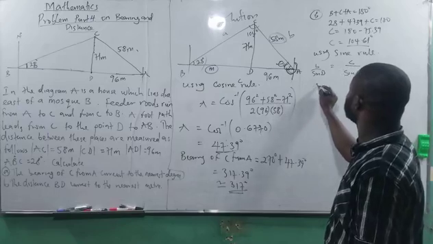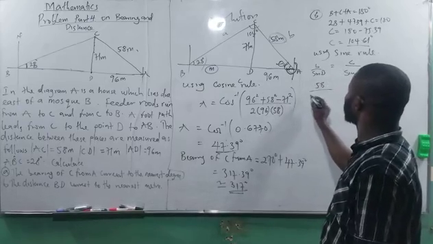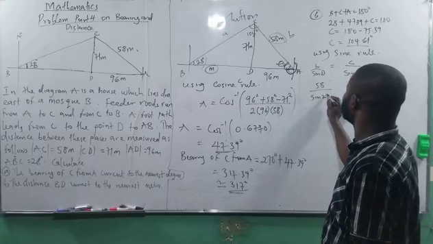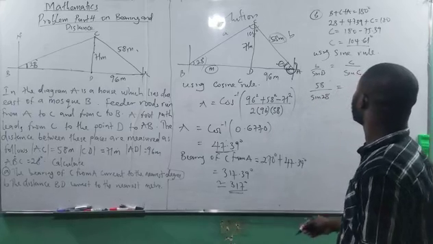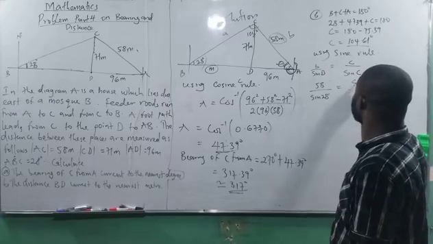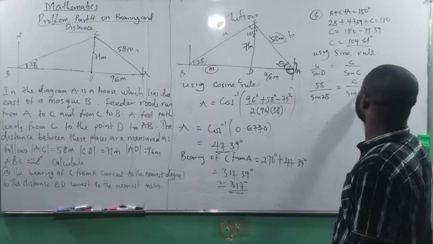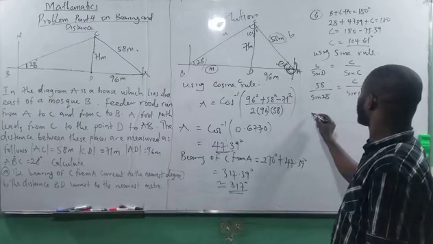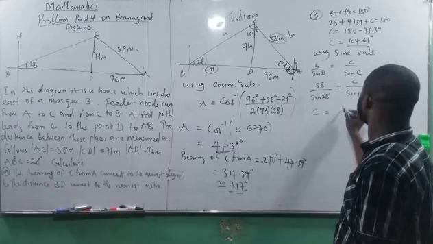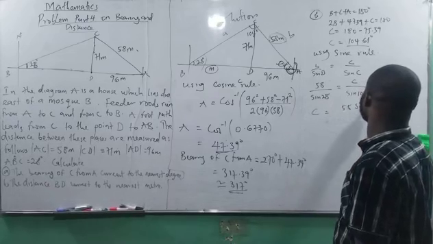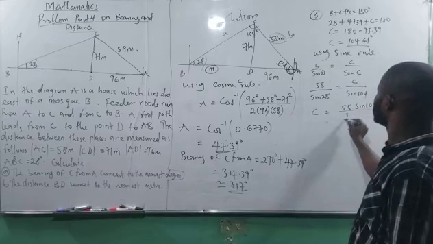I know my B is 58, all divided by sine 28 equals my C, which I did not know, all over sine 104. Cross multiplying, I'll be having 58 sine 104 divided by sine 28.